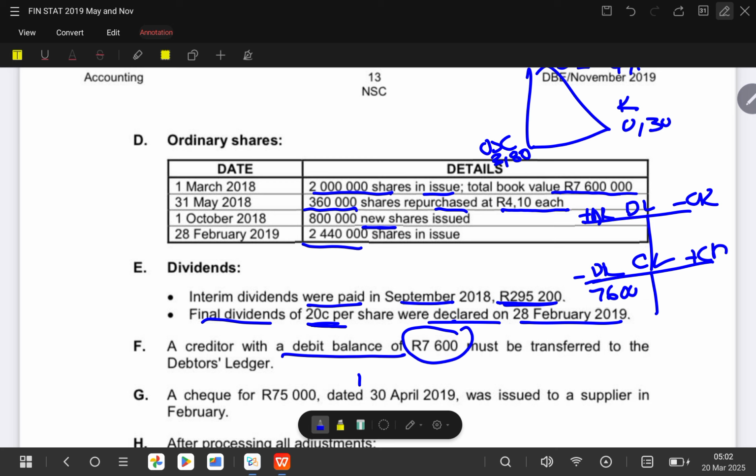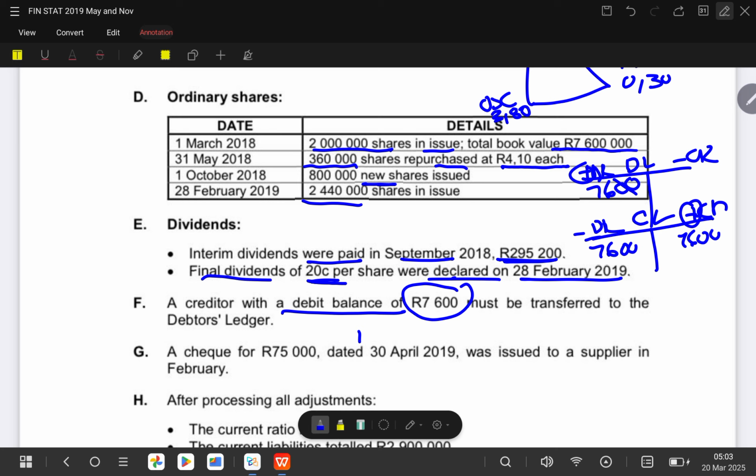So when we take him out, we must firstly take him out of the creditors ledger. So it means you are going to take him out on the opposite side because he has a debit balance. So you are going to come on the credit side and say 7.6. So if you check the sign, it's a plus. And then also when you take him to here, it's a plus. So you are going to plus on both your receivables and payables.